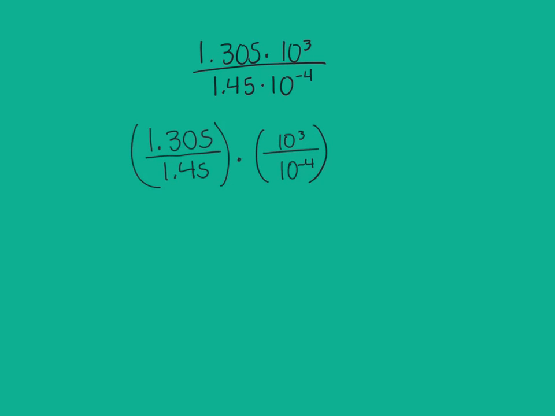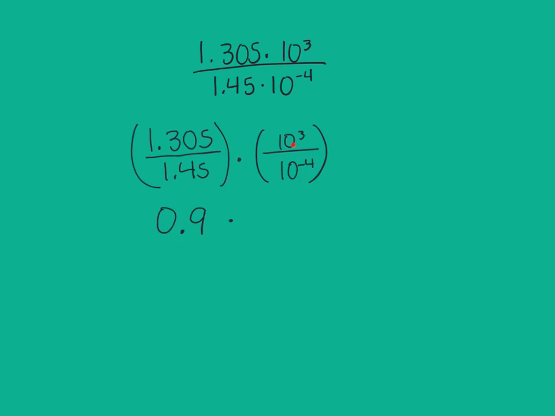So the first thing I did is I separated the division of the numbers and the division of the exponents. So now I'll go through and see what each one of these are. So 1.305 divided by 1.45 equals 9/10 times 10 to the power of 3 divided by 10 to the power of -4.